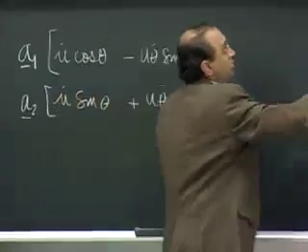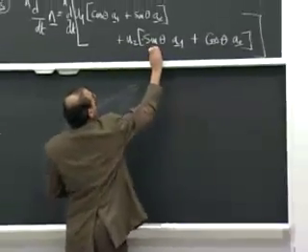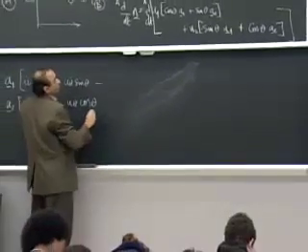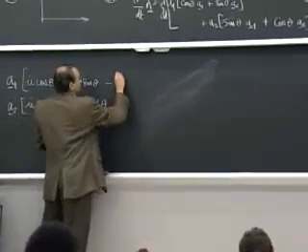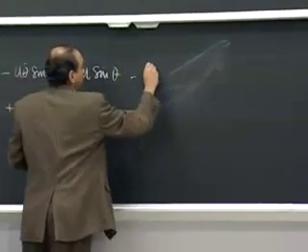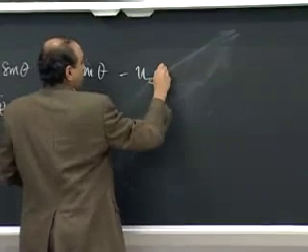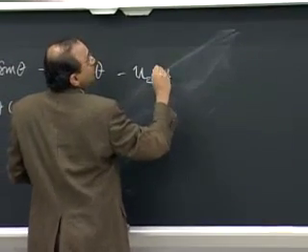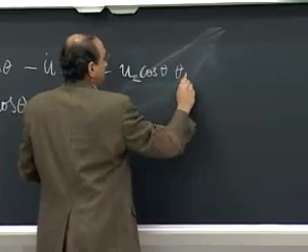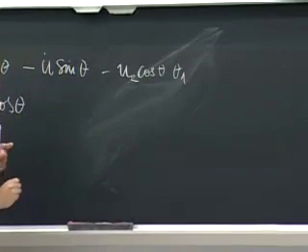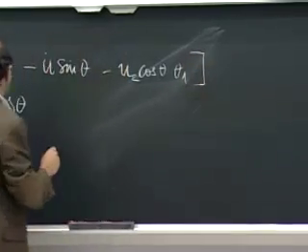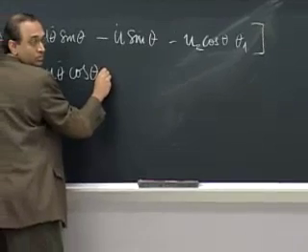Okay, and then let's do this term. Minus what? U2 dot sine theta minus U2 cosine theta, and below, what do I get?